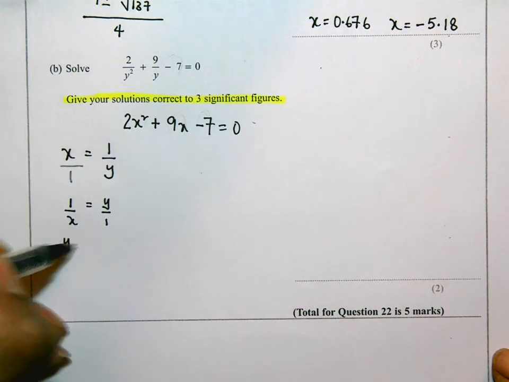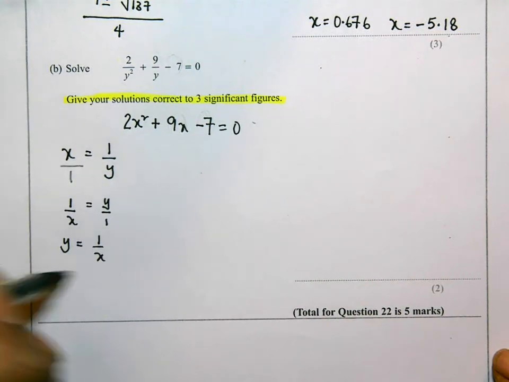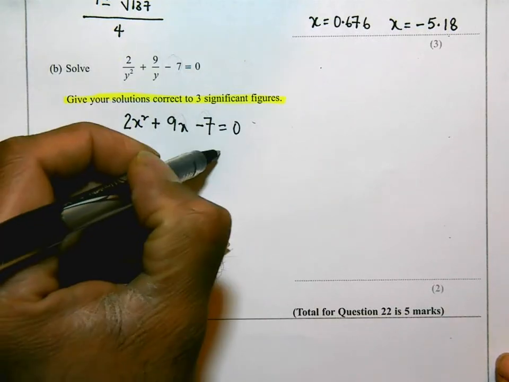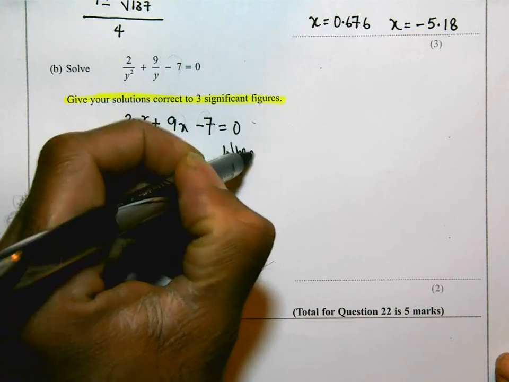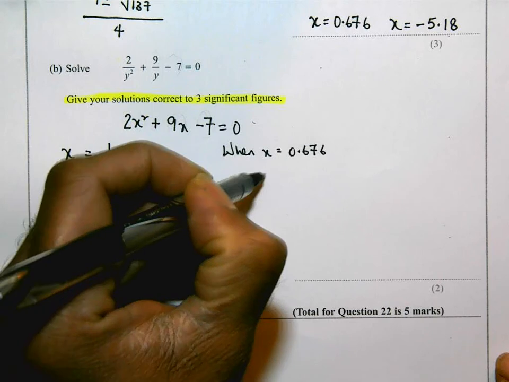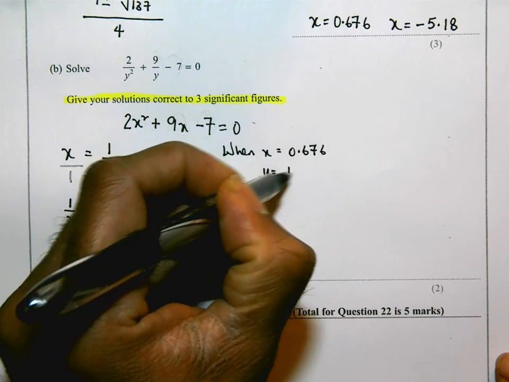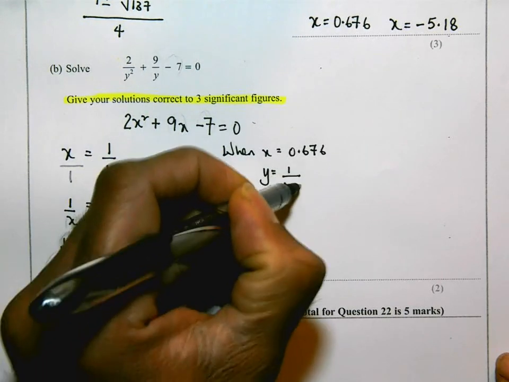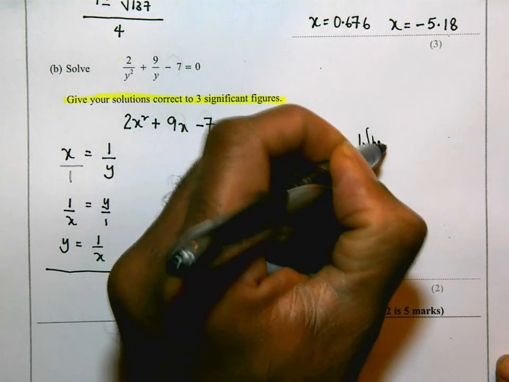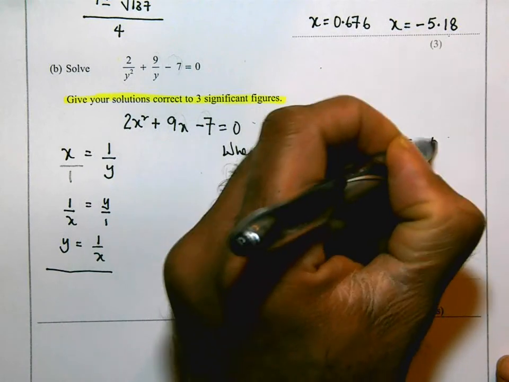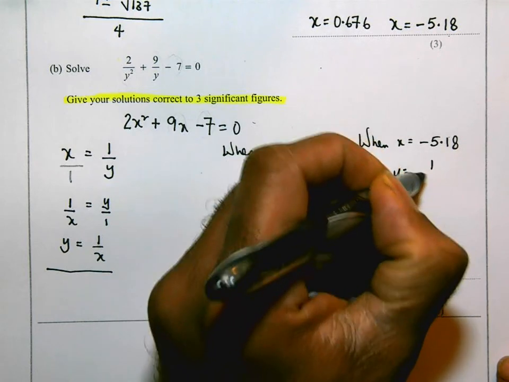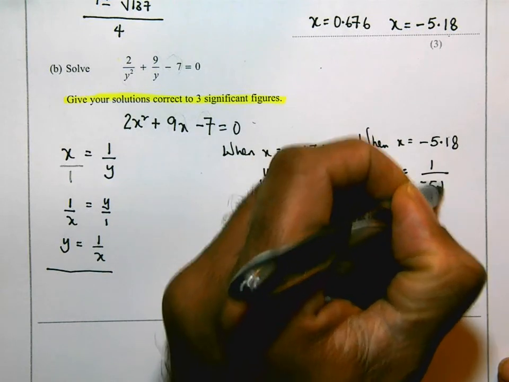I'm going to use that to help me work out the 2 values of y, because when x is 0.676, y is going to be 1 divided by 0.676, and in the other case, when x is minus 5.18, y is going to be 1 over minus 5.18. I'm going to use my calculator to work out what those values are.